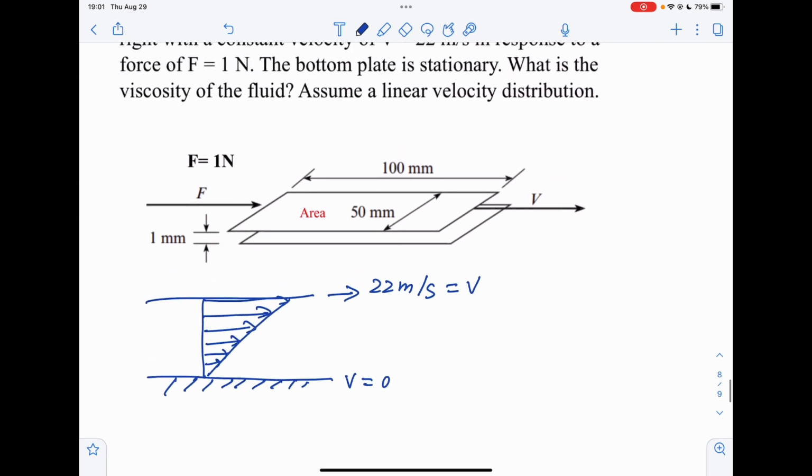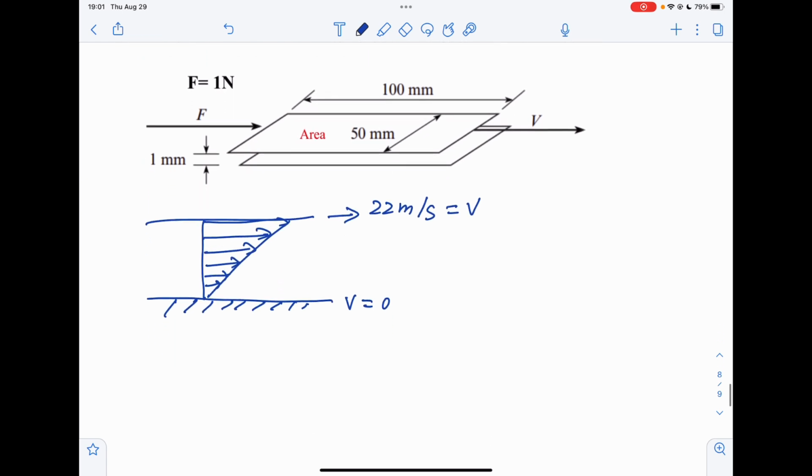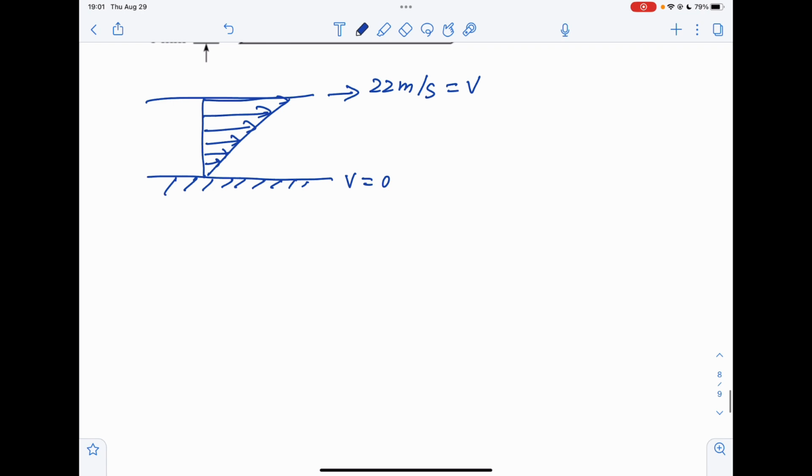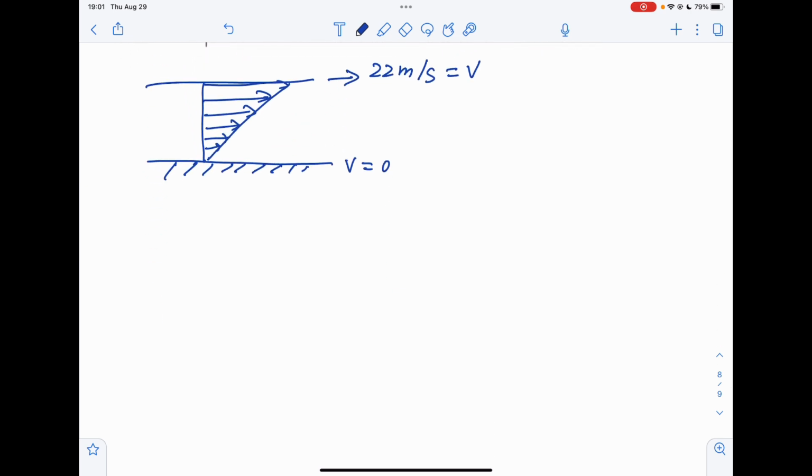So this assumption will help us find du over dy. Then we can find the shear stress and then calculate the viscosity. Okay, so the shear stress tau equals mu times du over dy.